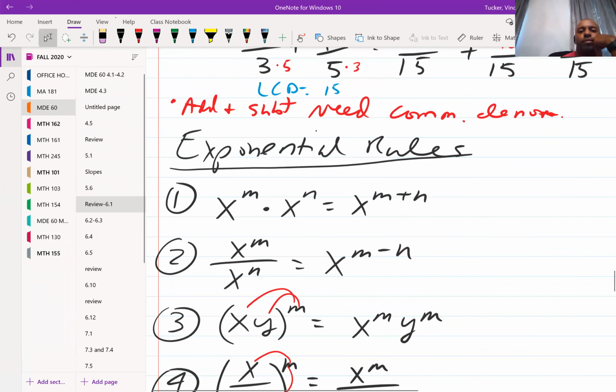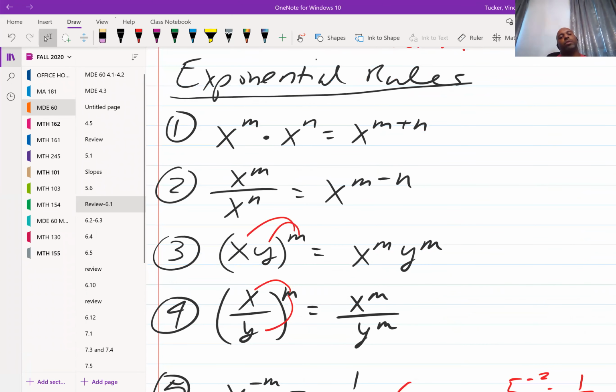So your exponent rules. I'm going to give them to you first, so you have them all in one place, and then we will do examples of each.